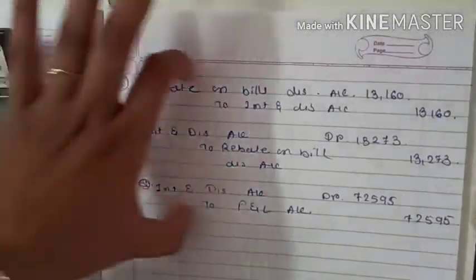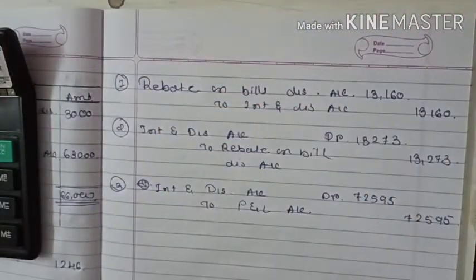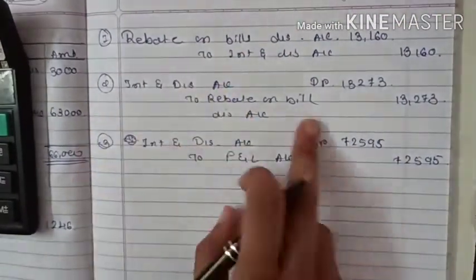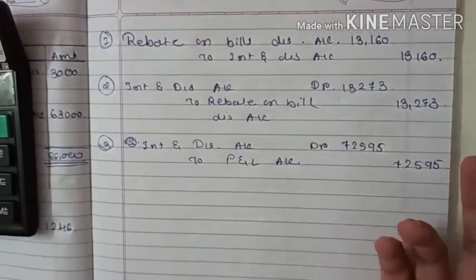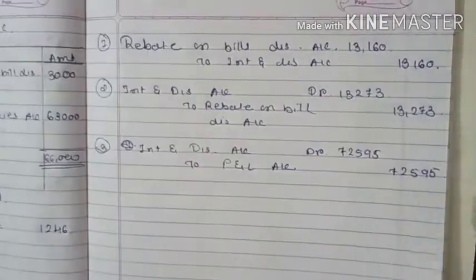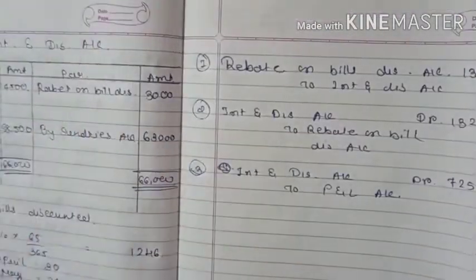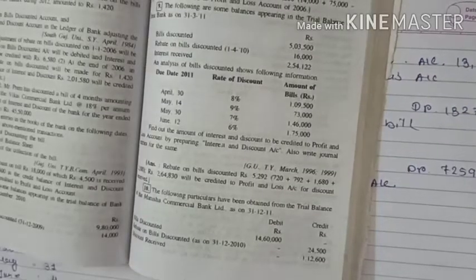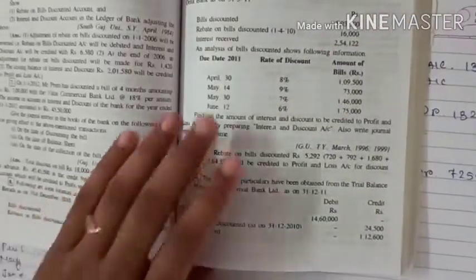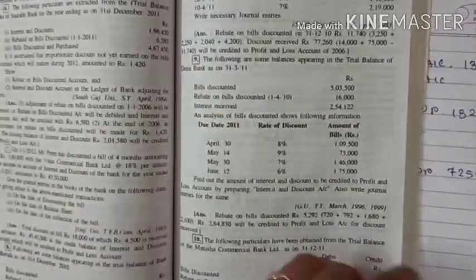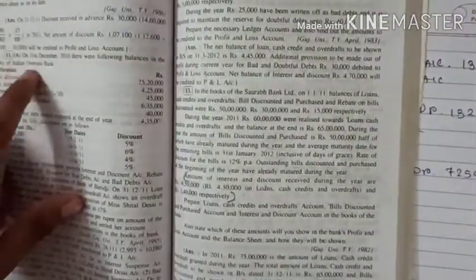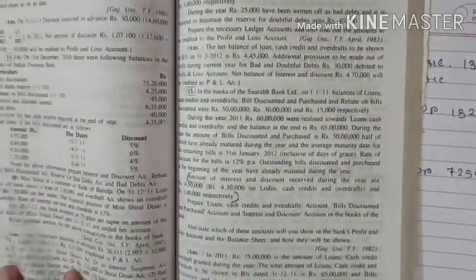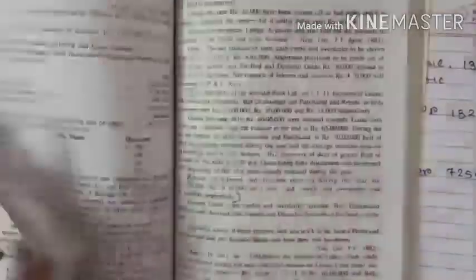There are the basic 3 entries. On the basis of this, you can make an interest and discount account also, as we prepared in illustration number 7, right? For practice work, you have to solve practical number 8, practical number 9 and practical number 11 A.